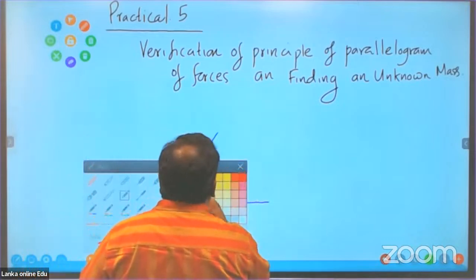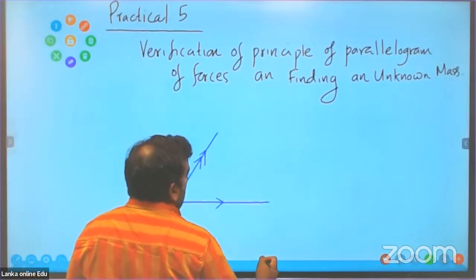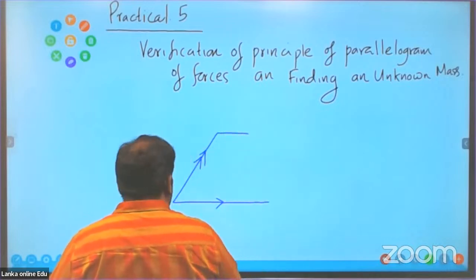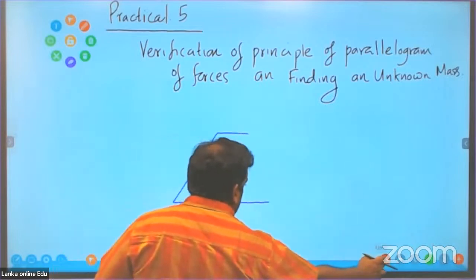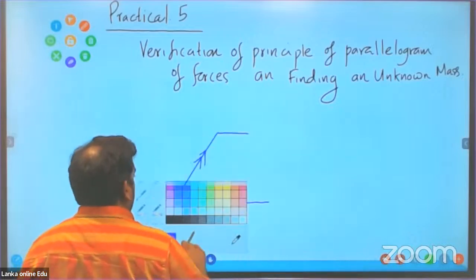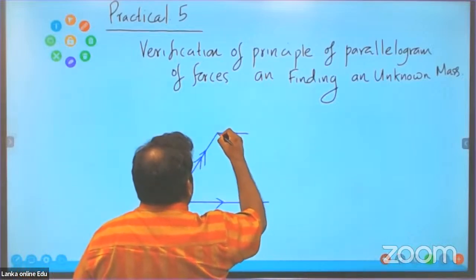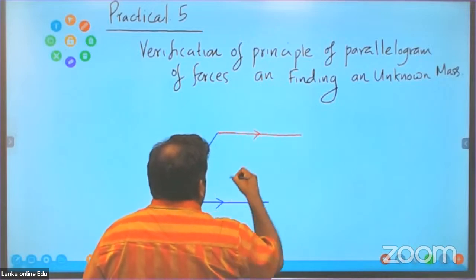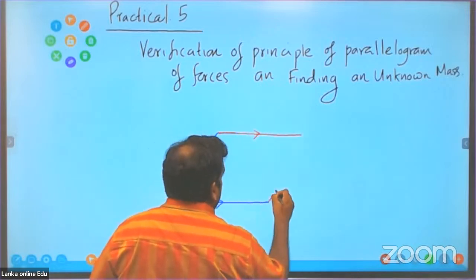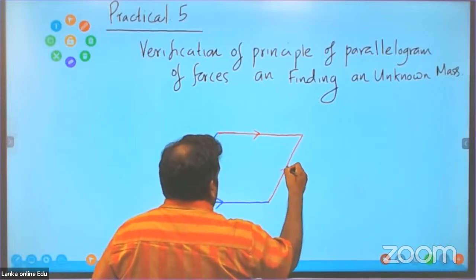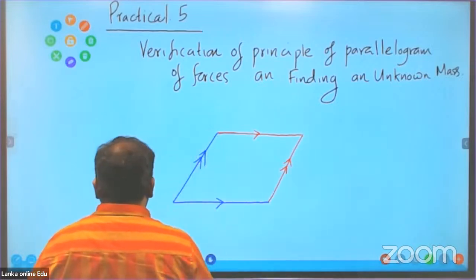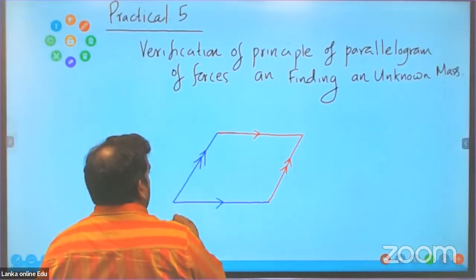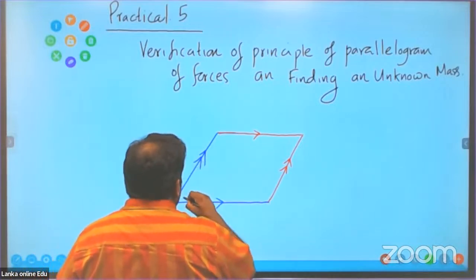If I complete the parallelogram here, parallel equal to this, parallel equal to that, the main diagonal will give you the resultant.